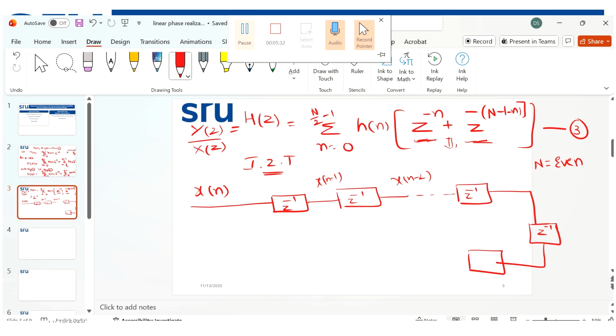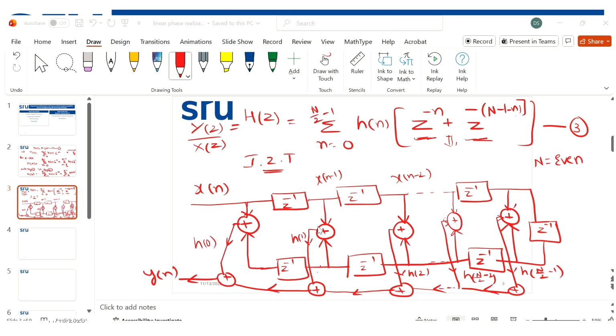The first line and last line will have the same number of delay elements. So here also I have one delay element. So this is the structure for the linear phase realization.